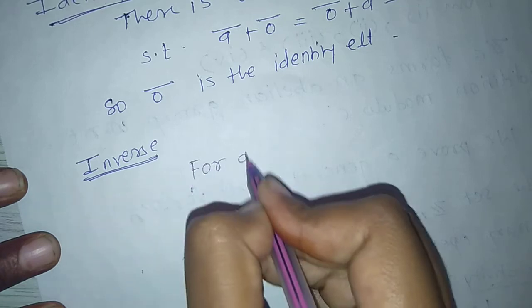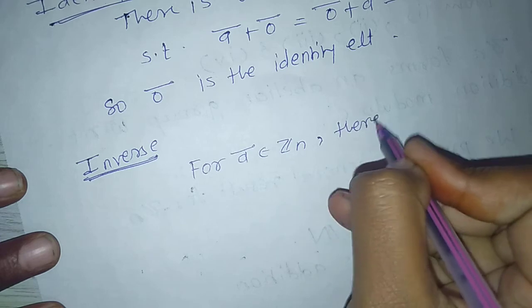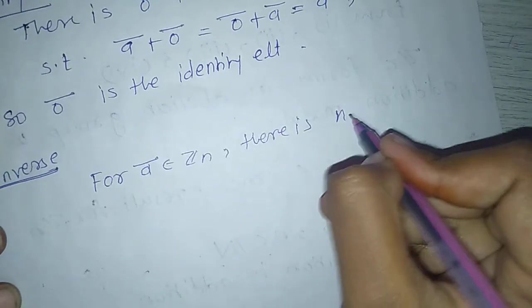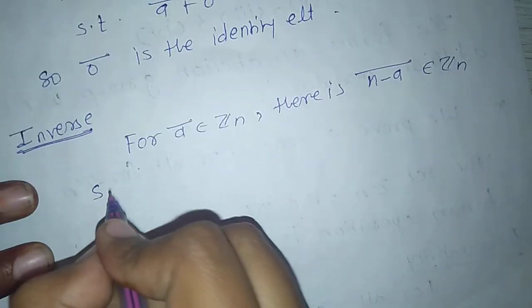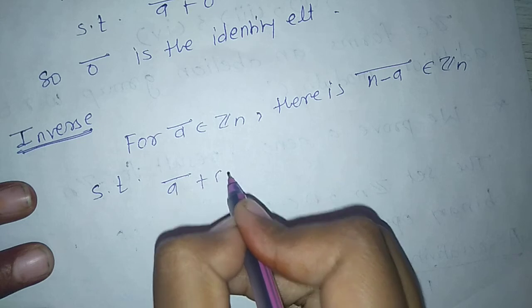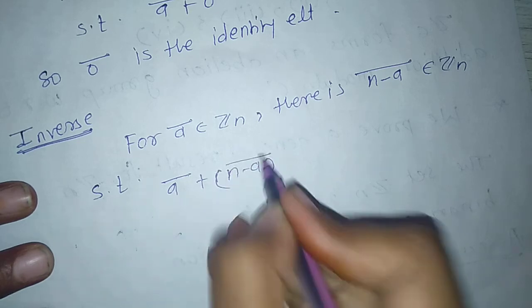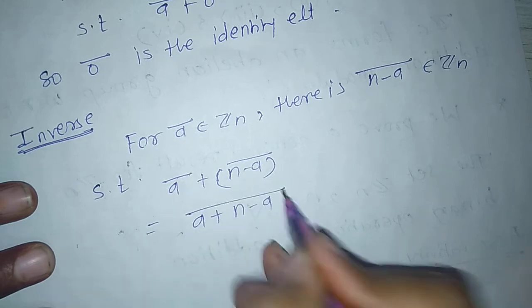Next, inverse. For a bar belongs to Zn, there is n minus a whole bar belongs to Zn such that a bar plus n minus a whole bar is equal to a plus n minus a whole bar.